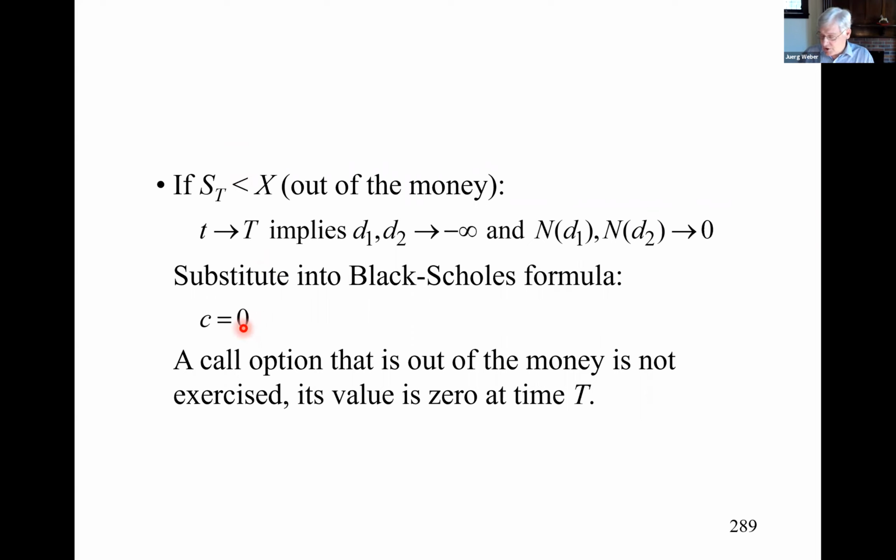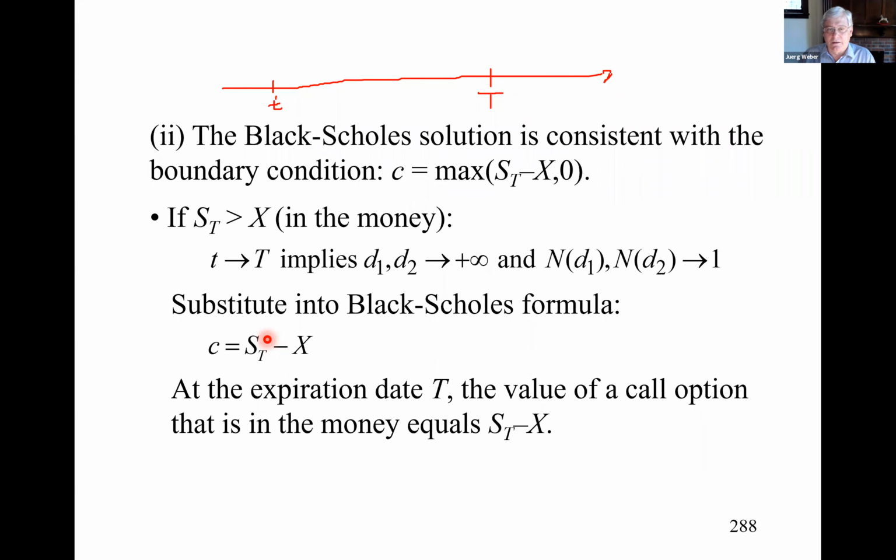The solution of the Black-Scholes model implies the boundary condition naturally, because we use the boundary condition to solve the Black-Scholes differential equation. So in the end, we have this boundary condition that it's either a positive payoff or a 0 payoff.